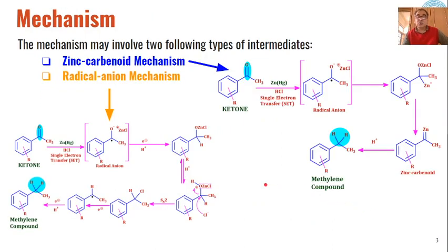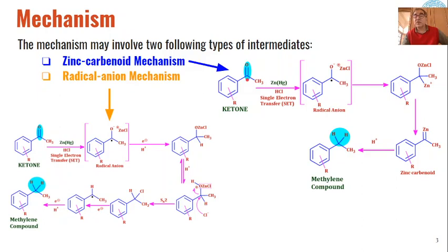There are two mechanisms which have been proposed for this type of reduction, that is Clemmensen reduction. Either the zinc carbenoid mechanism can be involved, or a radical anion mechanism can be involved. In the zinc carbenoid mechanism, when this ketone is reacted with zinc amalgam and HCl, there is a transfer of one electron from the metal amalgam to the carbonyl system.